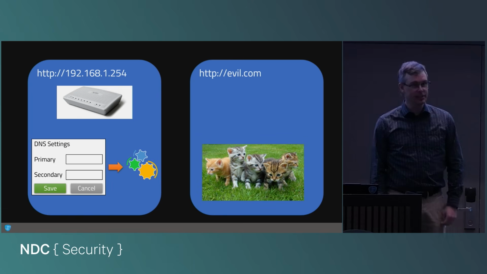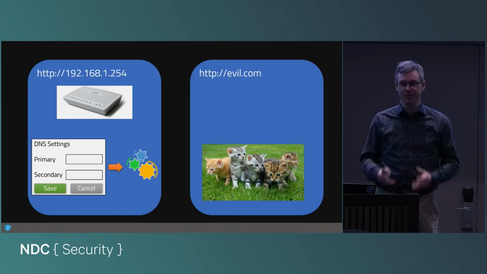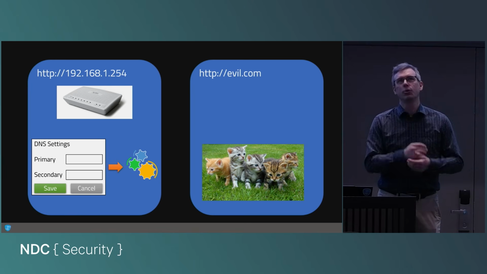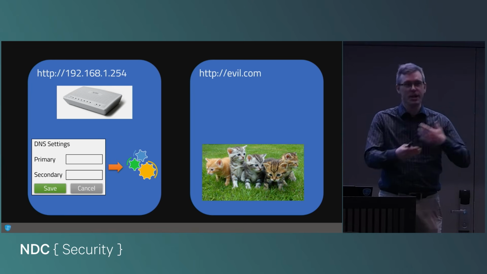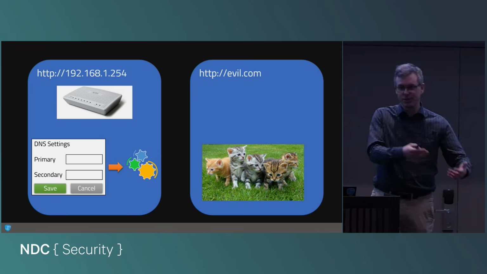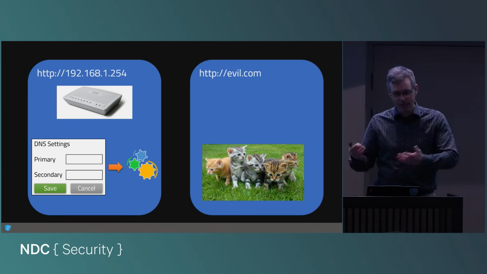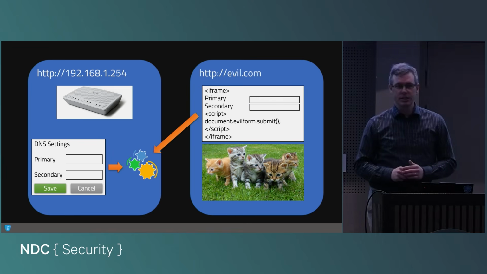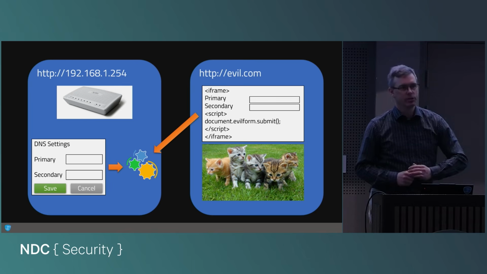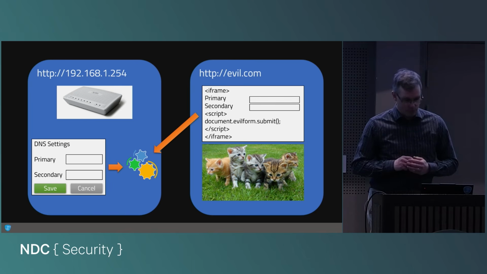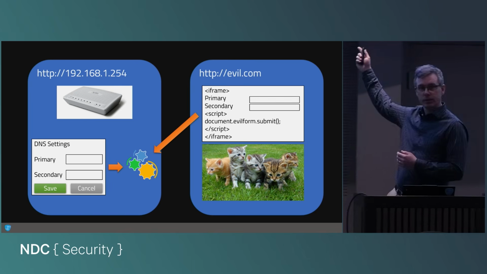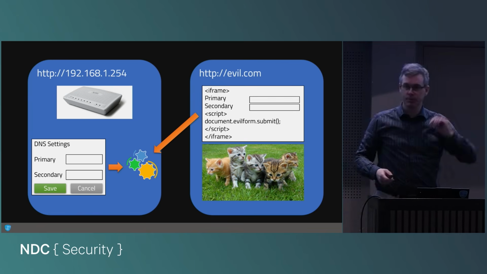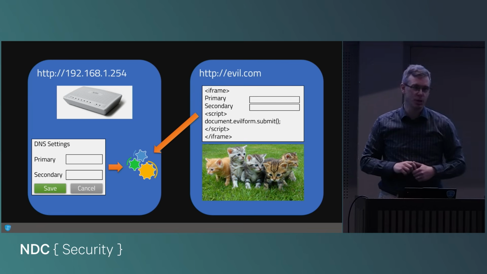So I clicked the link, and I literally got a page of kittens, cute kittens. And I thought that this can't be true. I mean, he can't go all the way to ask for someone with a specific brand and model of ADSL modem just to show me a page of nice kittens. These must be evil kittens. So I checked the source of the page, and yes, there was a hidden iframe in there that contained a form mimicking the form from the modem and posting it to the address of the modem, changing the DNS settings of my home network.